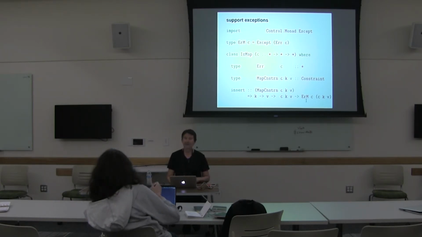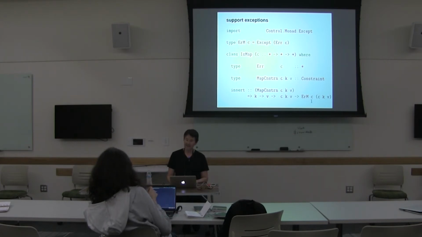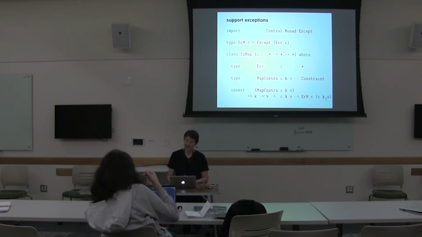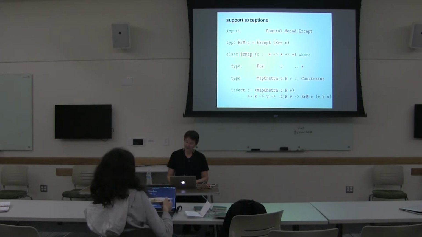And I use that because you'll see a lot of signatures from here on out where it says ErrorM C of C, K, and V. That's because now insert, the full definition of it is whatever constraint this returns, given a C, K, and V, then return a new map, but it might return an error, and this allows for the error.